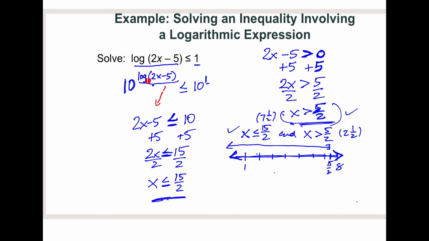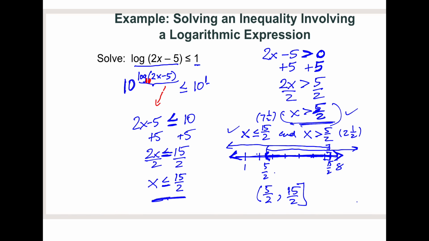And 5 halves would be at 2.5, so that's right about here, 5 halves. This would be a parenthesis pointing to the right. With an and statement, we see that the solution set here is the areas where they cross over, because it's the and statement, it's the intersection of these two. So we see that my solution set lies from 5 halves all the way up to 15 halves, including 15 halves.